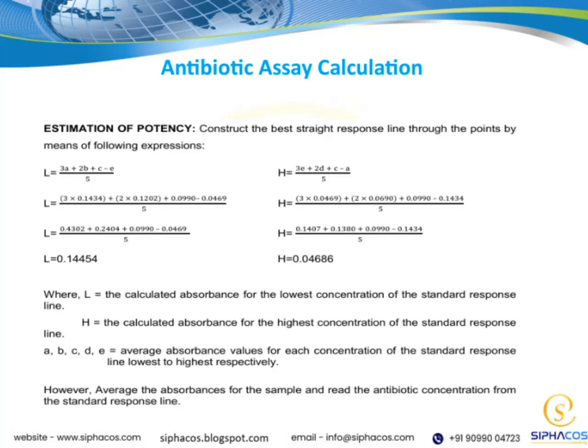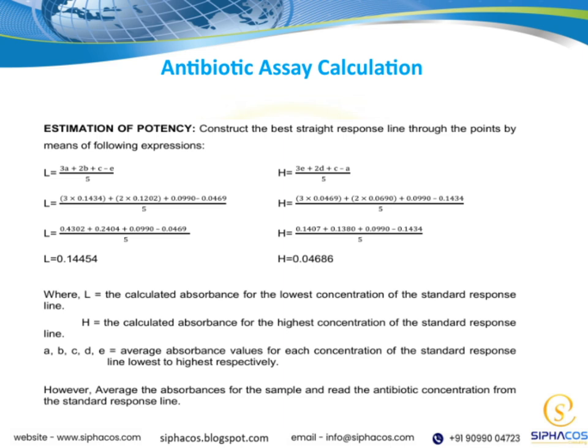Welcome to Slide 10, where we focus on antibiotic assay calculation. In this part of the presentation, I want to emphasize how crucial accurate calculations are in determining the potency of antibiotics. We'll explore the key steps involved in performing these assays, starting with preparing the test solutions and standards. Remember, precision at this stage directly impacts the reliability of your results. Next, we'll look at how to interpret the data, often involving the use of standard curves and regression equations.